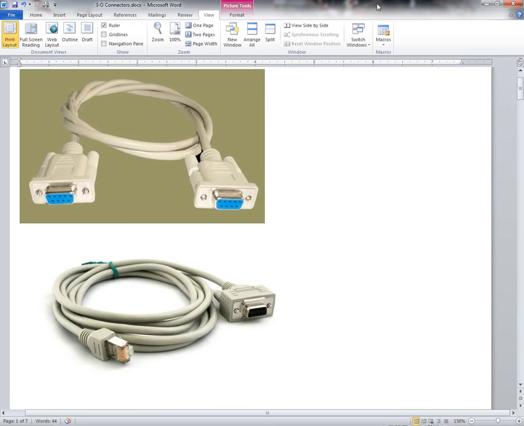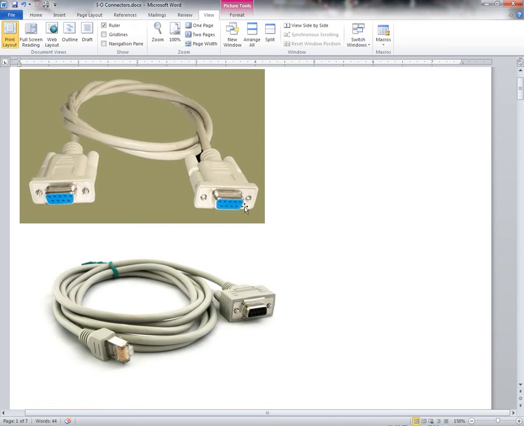Now, this is commonly referred to as COM and uses the RS-232 standard. And this is our 9-pin DB cable that we are used to seeing on the older technologies.